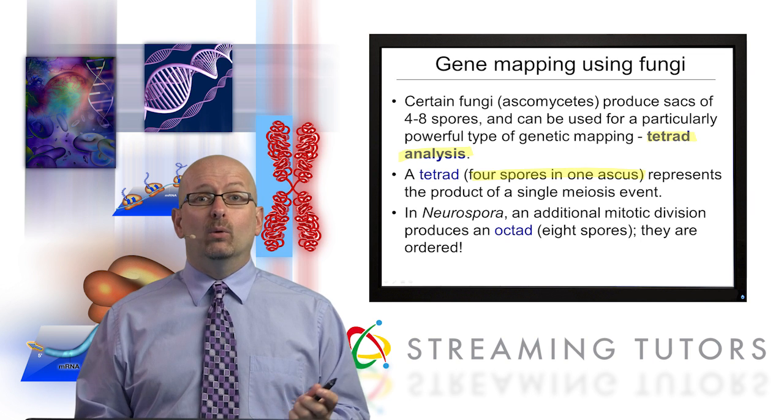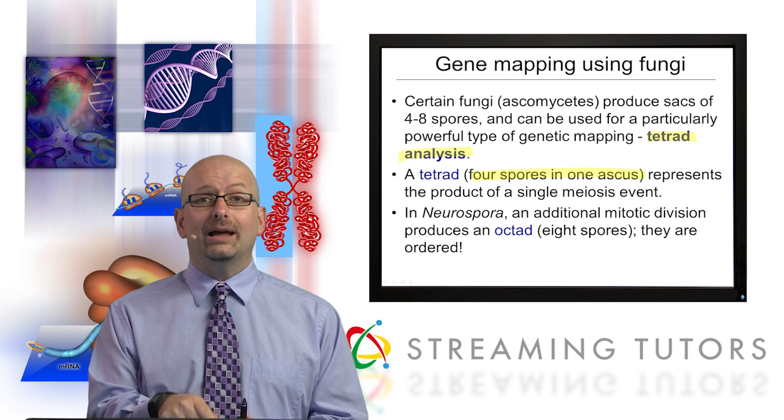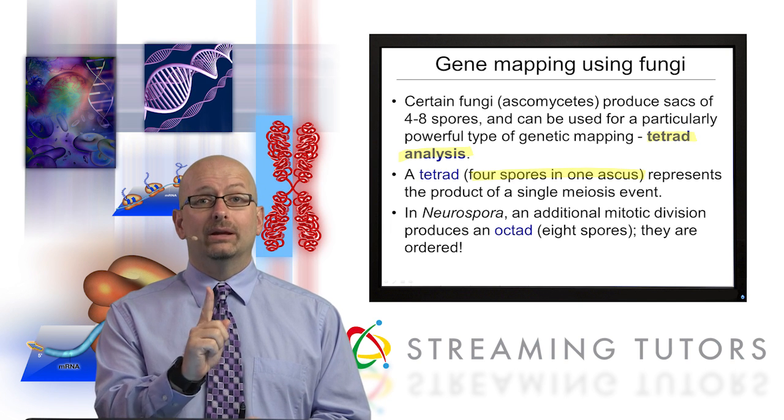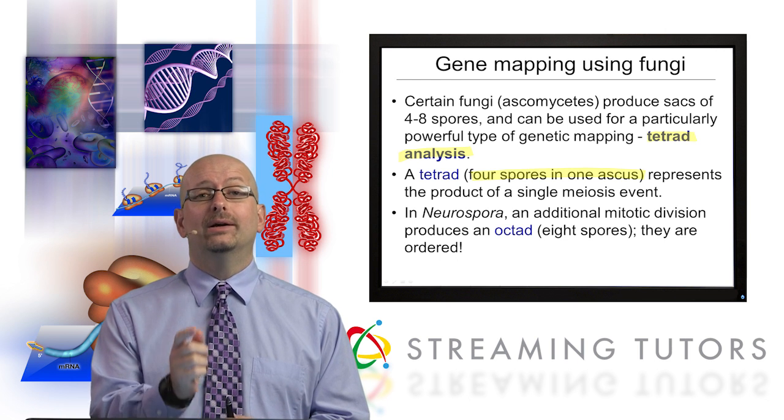So we're getting an estimate, which is fine, but here we actually can tell, gee, those 4 cells, spores, came from one meiosis event. It may not be obvious why that's powerful right now, but it will be in a minute.